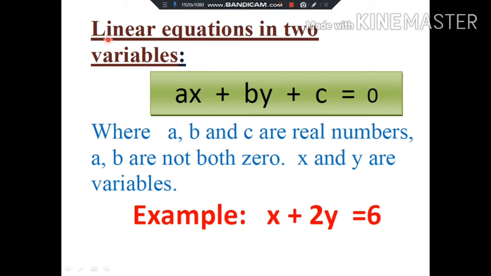Yes, children, the standard form is ax plus by plus c is equal to 0, where a, b and c are real numbers, a, b are not both 0, and x and y are variables. For example, x plus 2y is equal to 6.